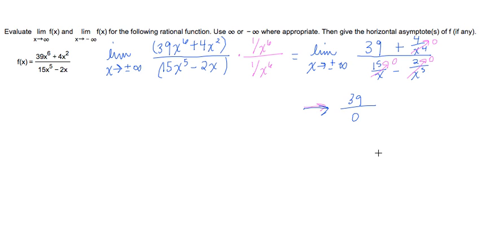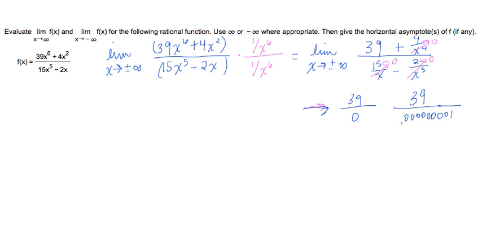39 over 0. What's happening is this: if you plug in really, really large values for x, you're going to get numbers such as 39 divided by 0.000000, right? And the larger value you plug in for x, the smaller your denominator is.